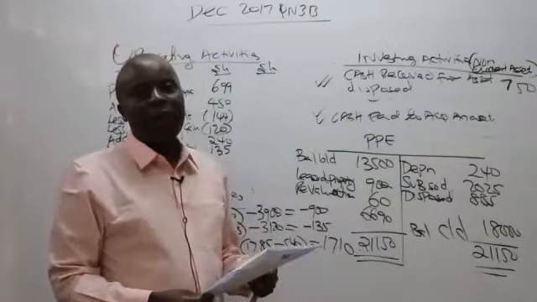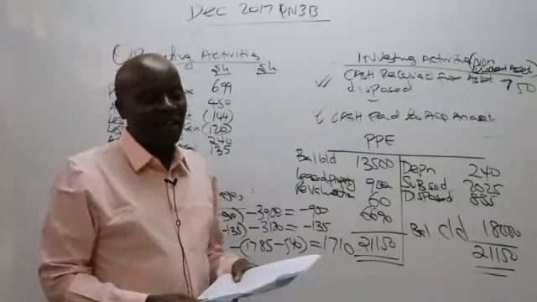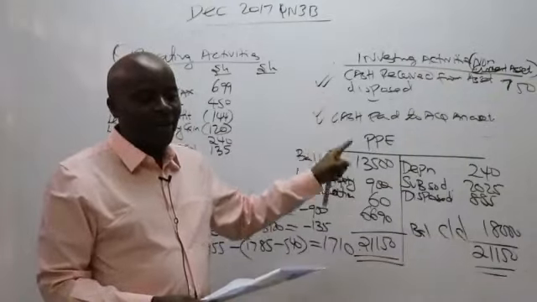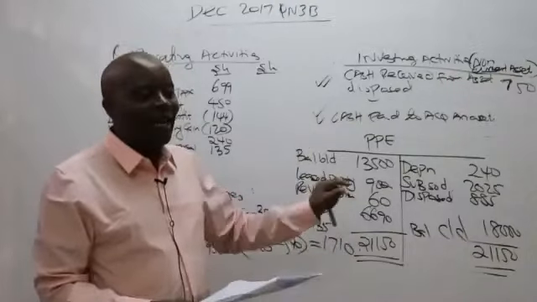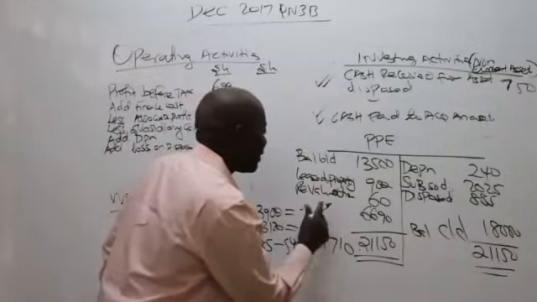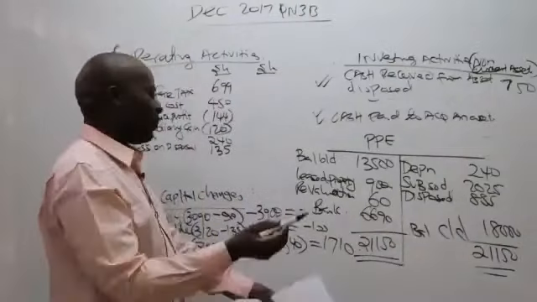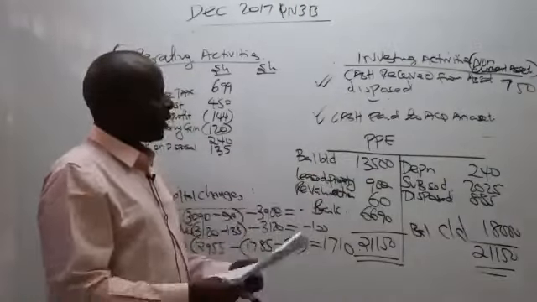I can see my assets went up, isn't it? So this must be the assets that we paid for in cash, perhaps through a cheque. So we debit PPE, we credit bank.